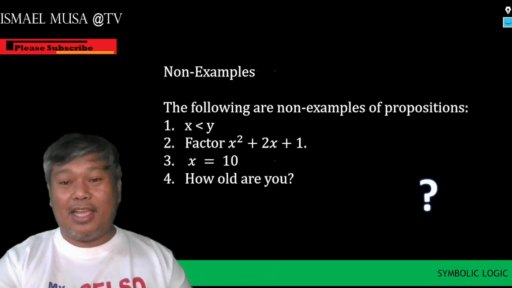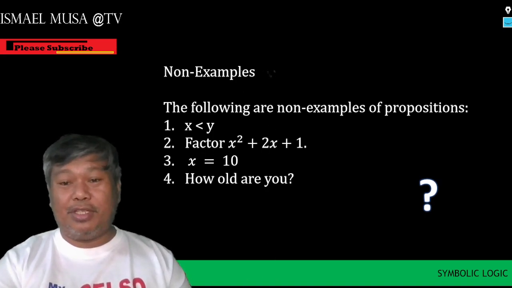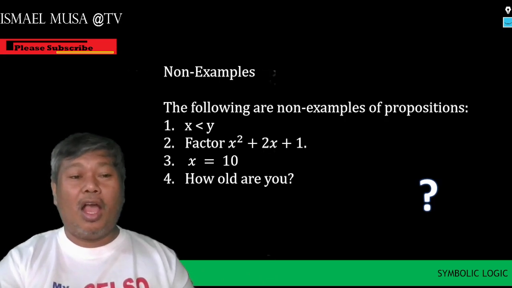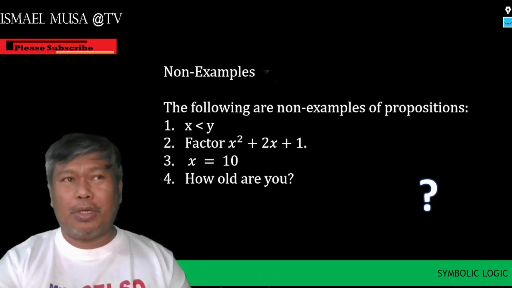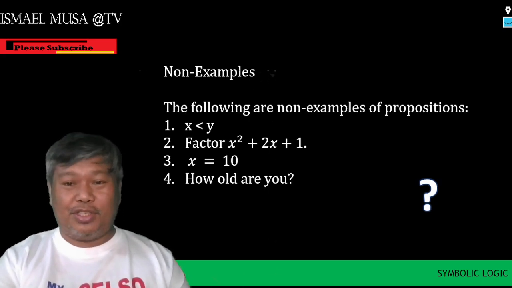That is not a statement, that is a command. Number 3: x equals 10. That is an equation, but it's not a proposition. How old are you? That is a question, so it's not a proposition.